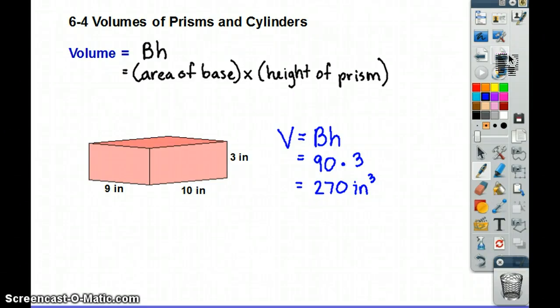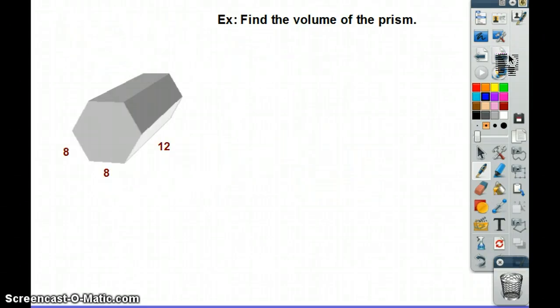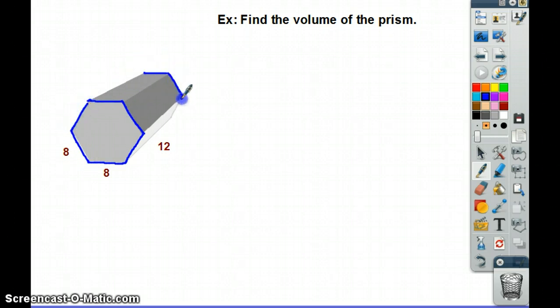Let's try another problem with volume. This time I have a hexagonal prism. So start by drawing a hexagon. Then you could draw 3 sides of a hexagon behind it and then connect those up.